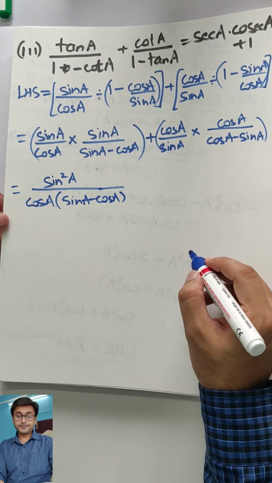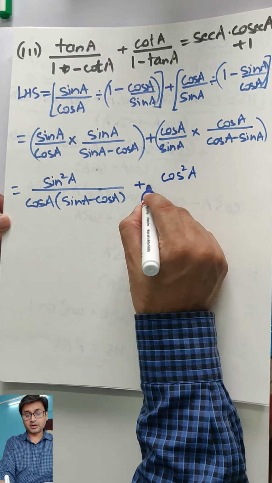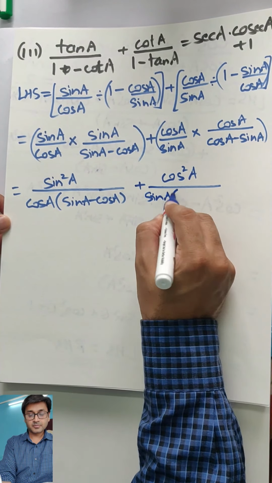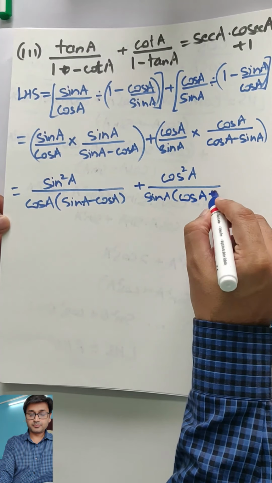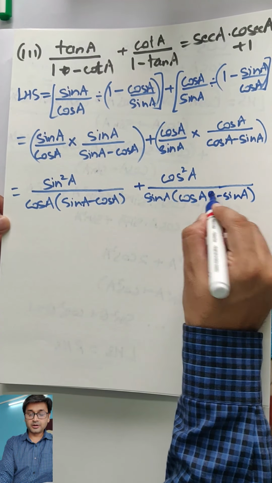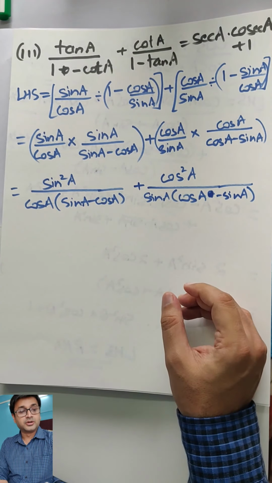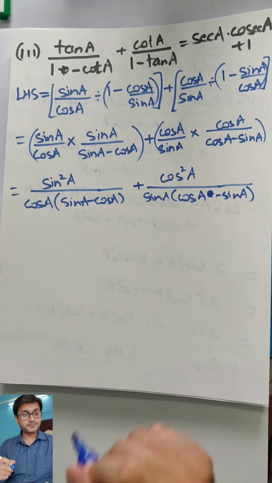Are you with me till here? Great. The second part also will give me cos square a upon sin a into cos a minus sin A. Yeah. Now look at the two denominators, and what is the striking part that you can notice in the two denominators? Tell me that.